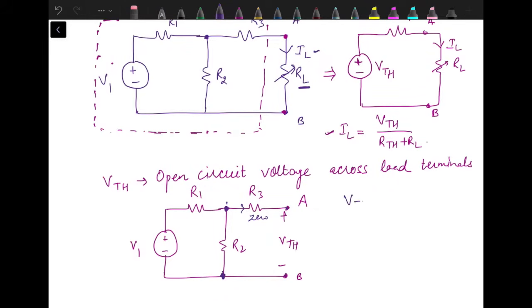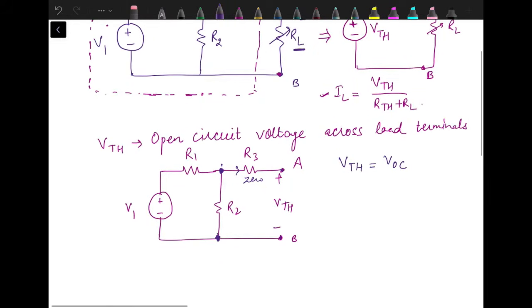So VTH, which is actually the open circuit voltage, in this case is equal to the voltage across resistance R2, which we can find out by using the voltage division rule. According to the voltage division rule, it's the source voltage, that is V1, times the resistance across which we are finding the voltage, upon the sum of the resistances which are connected in series. So it's very simple.